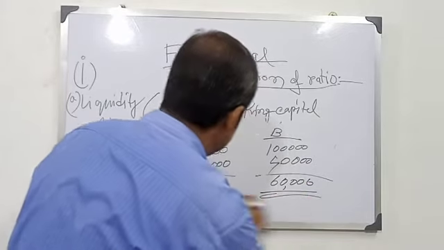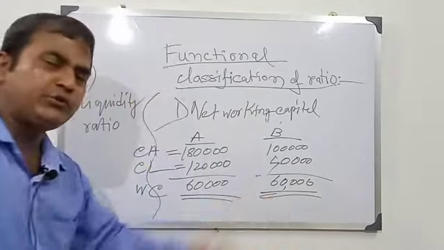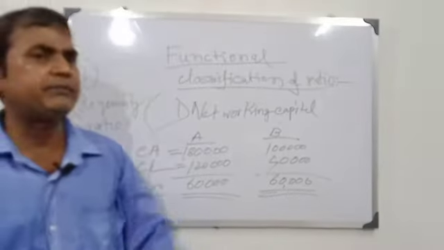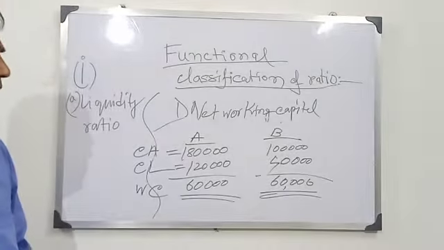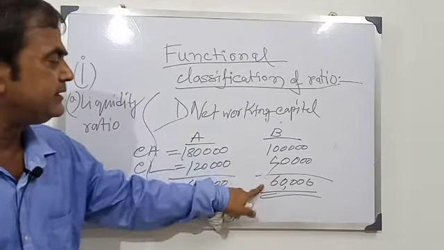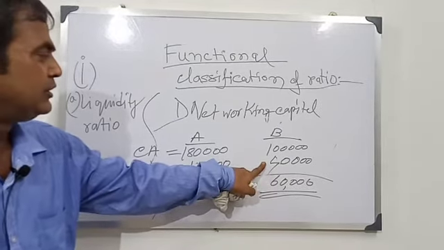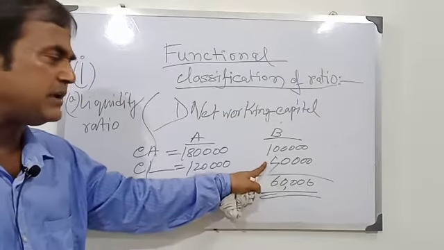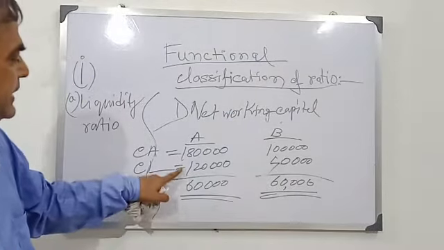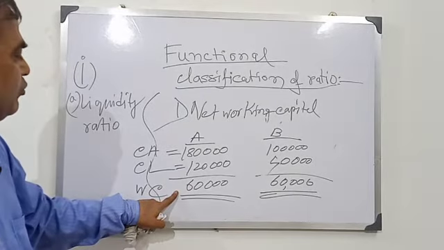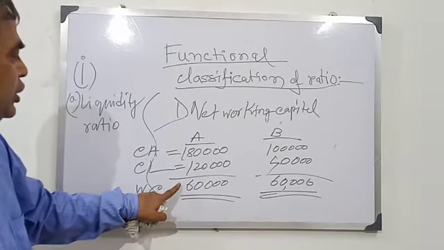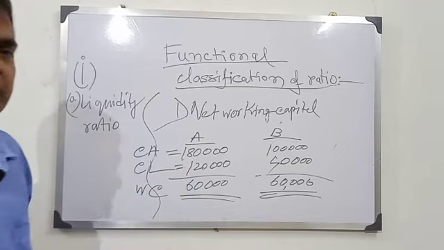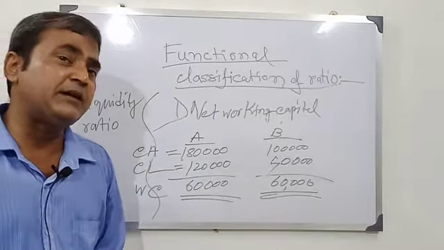We say the working capital employed equals the firm's ability to pay off current liabilities. Here the current liability is 40, so one firm can pay 2 to 3 times, but here they can pay only 50% of current liability, so they must take at least 6 months.